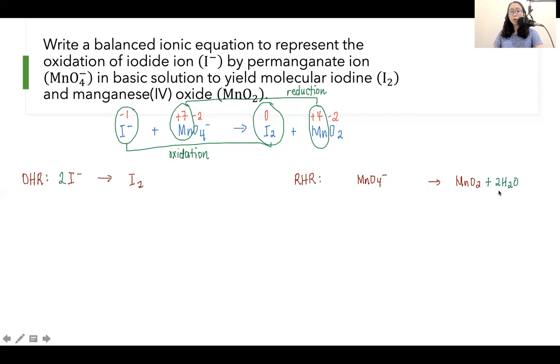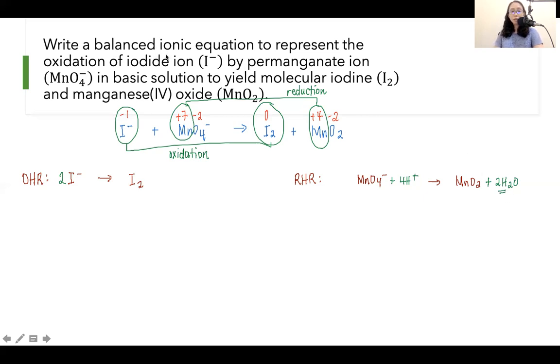In doing so, we introduce hydrogen. Now this is in basic solution. But the fastest way to balance this is first to consider that the solution is acidic. So first, we will use hydrogen ions. So we add four hydrogen ions in the reactant side to balance the hydrogens.